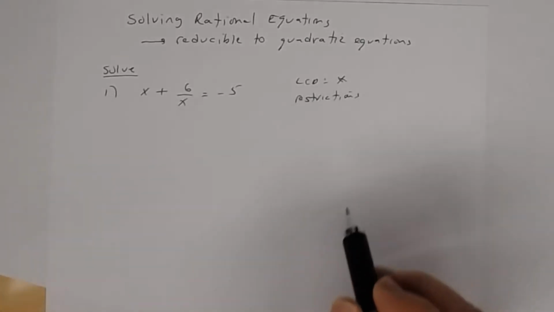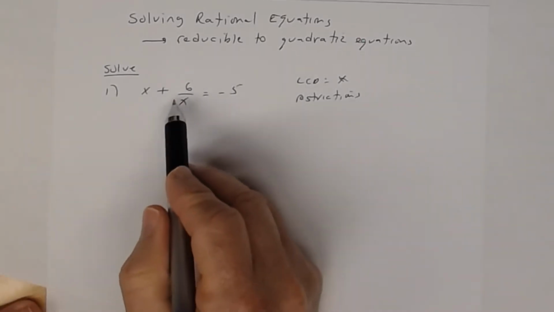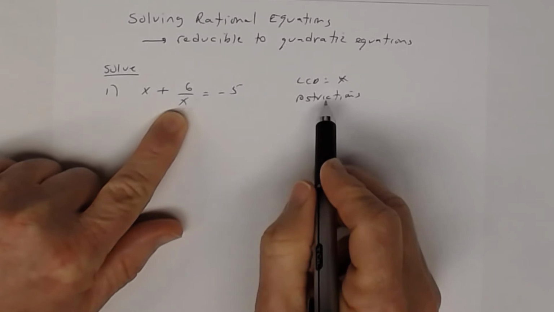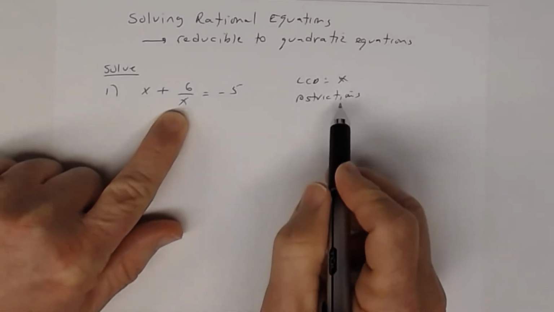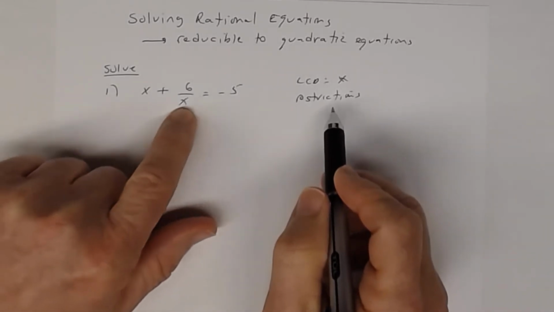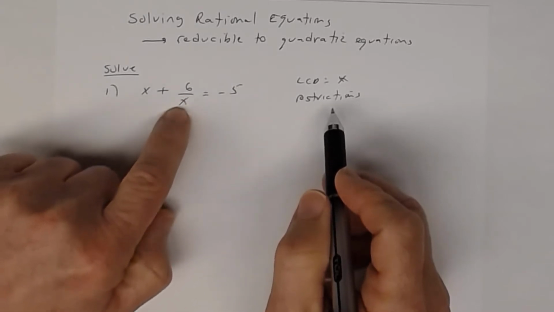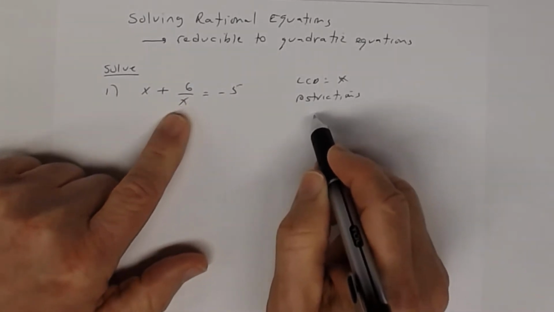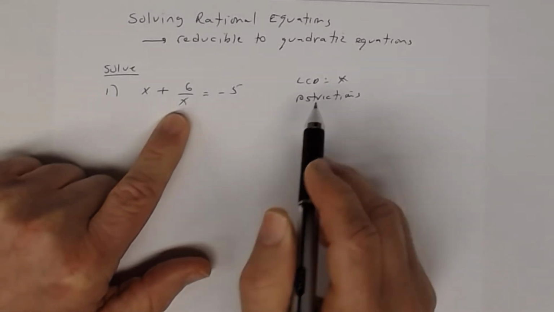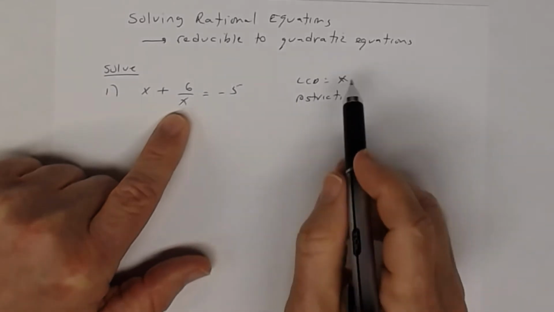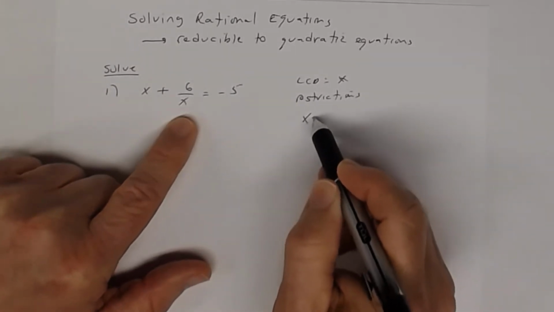Recall, what makes this rational expression undefined is when that denominator is 0. So if I'm going to find the restrictions, I've got to look to see where this denominator that contains a variable is equal to 0. And all you do, if you recall from the previous lessons where we reduced to linear equations, you just set that equal to 0.